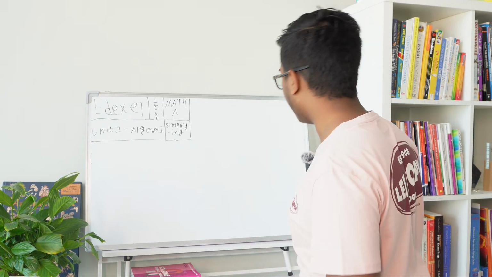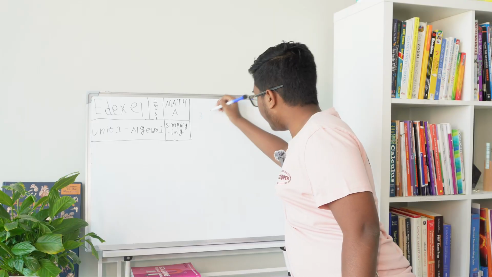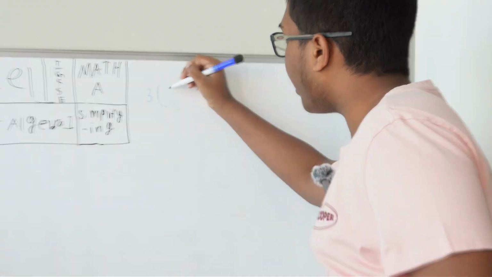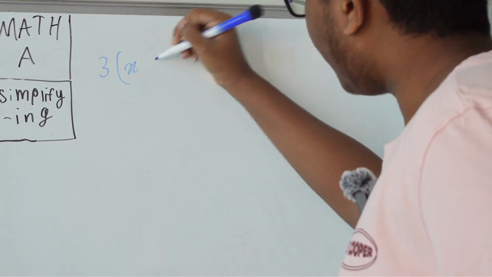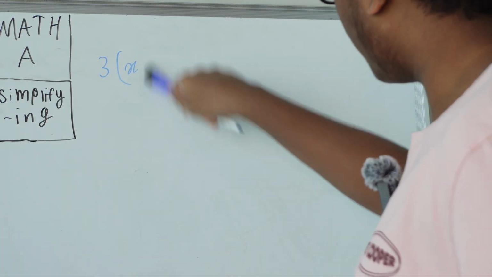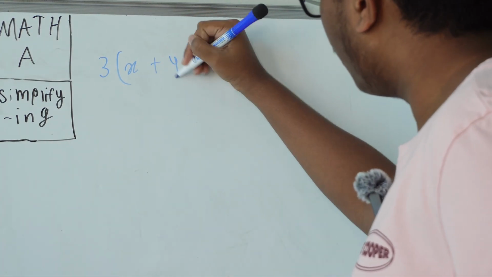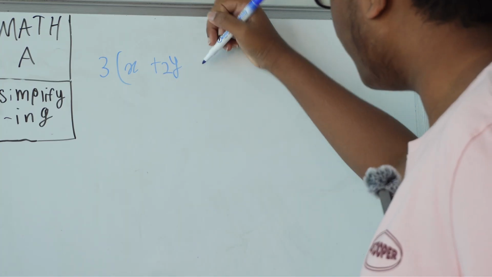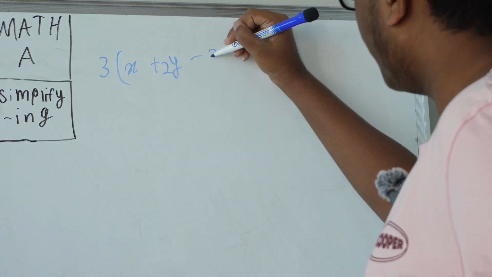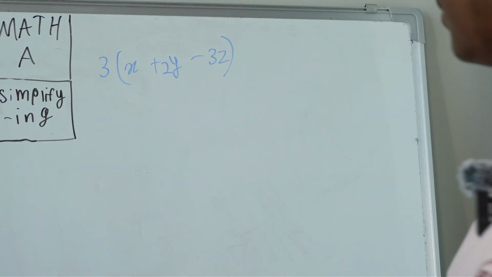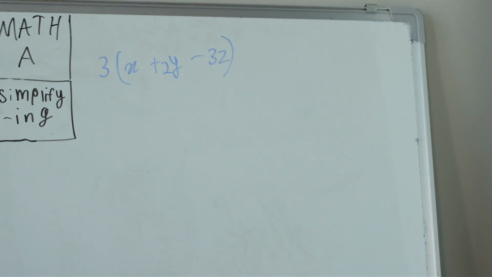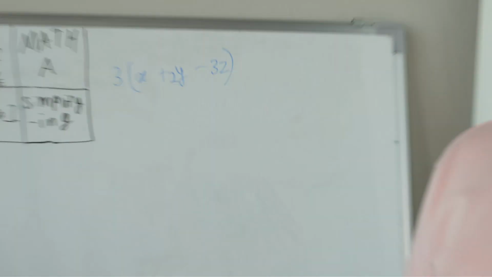A very brief one. So let's say that you have a value 3 times x, not times, plus 2y, minus 3z. Now what are you gonna do here? What exactly would you do here, right?